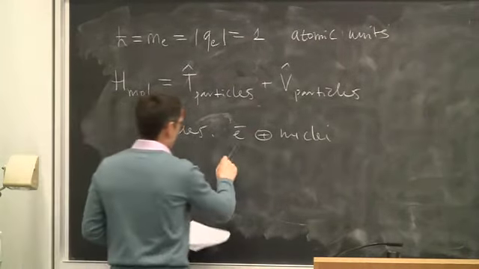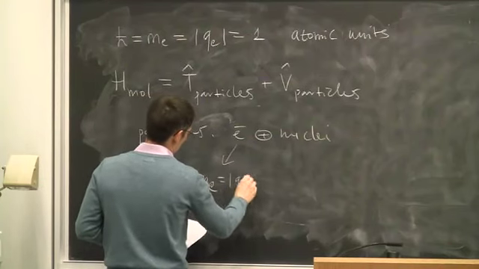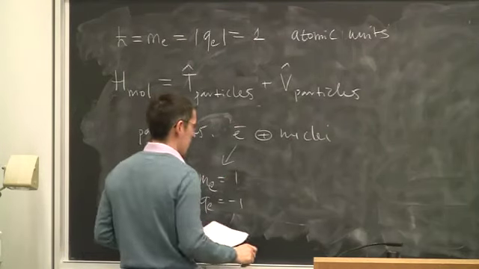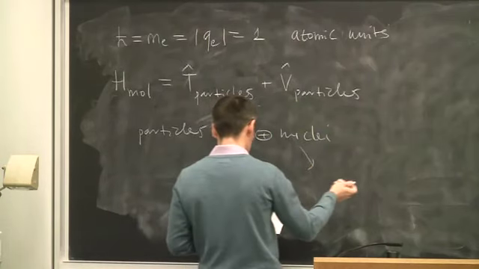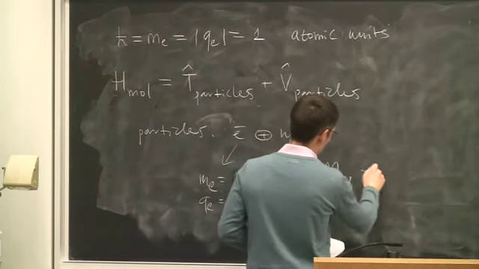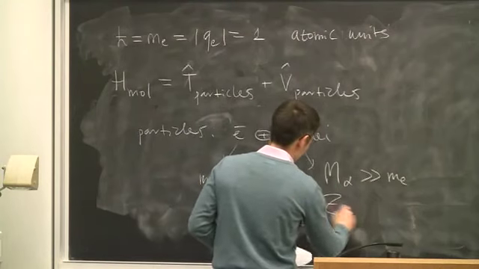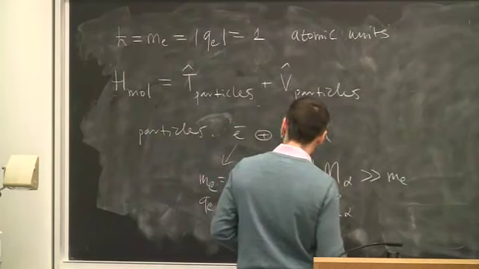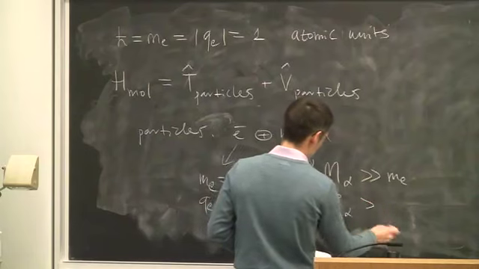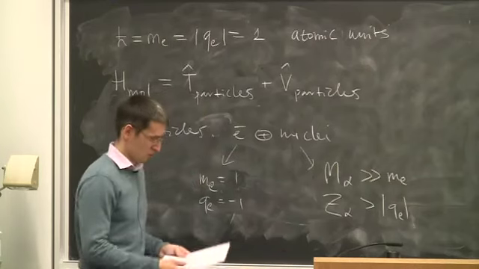And so for electrons, we know that they have mass of electron, and okay, so mass of electron is 1, and charge of electron is -1. Nuclei, they have mass m alpha, which is much bigger than the mass of electron, and they have charge z alpha, which is not much bigger, but still, well, it's positive, and it's bigger than the absolute value of the charge of electron.